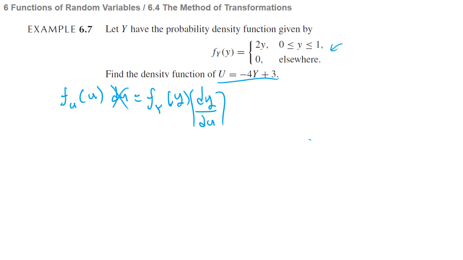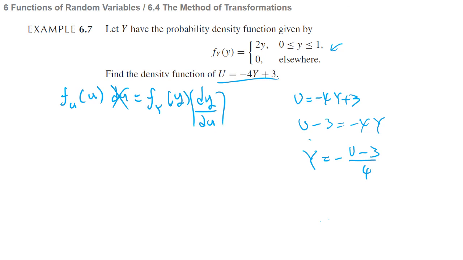Okay, so u equals minus 4y plus 3, and from here u minus 3 equals minus 4y.